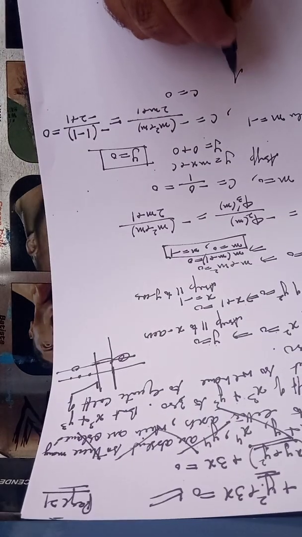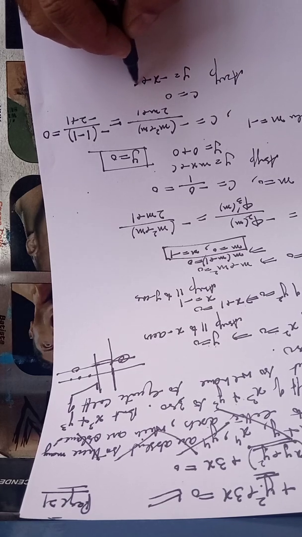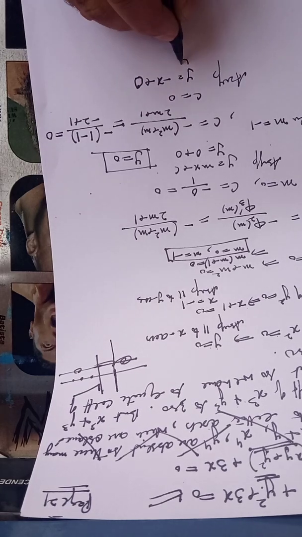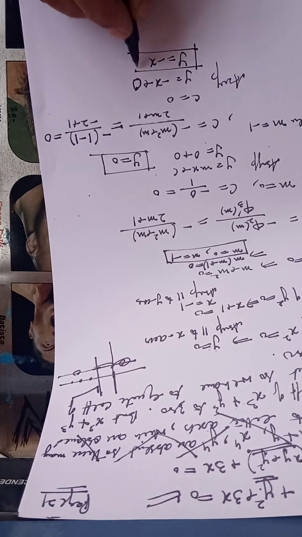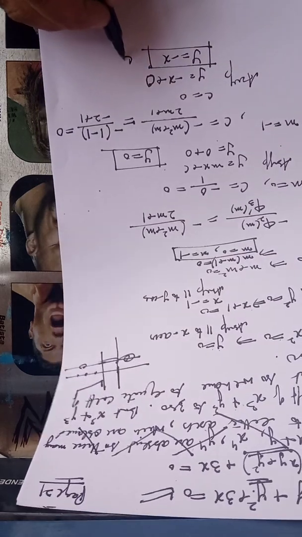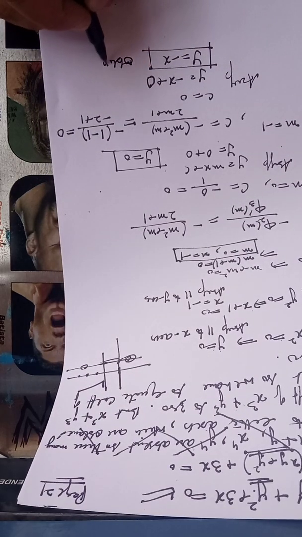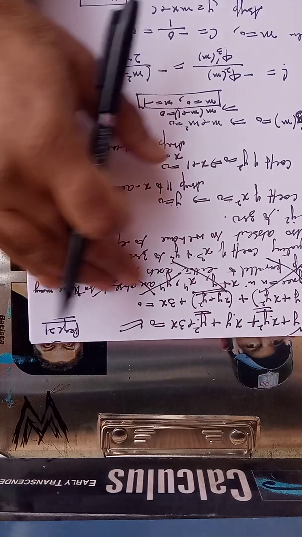So the asymptote is oblique: y equal to minus x plus c, c is 0, so y equal to minus x. This is an oblique asymptote. Fine. Sorry, I had taken it as 4 degrees.